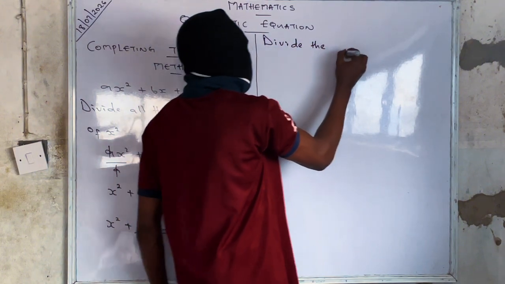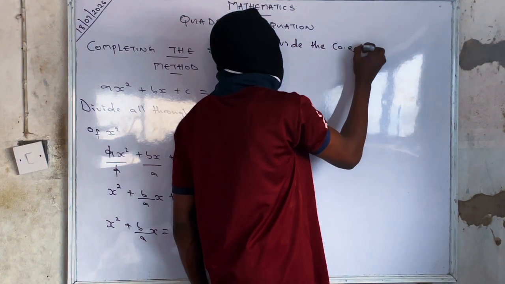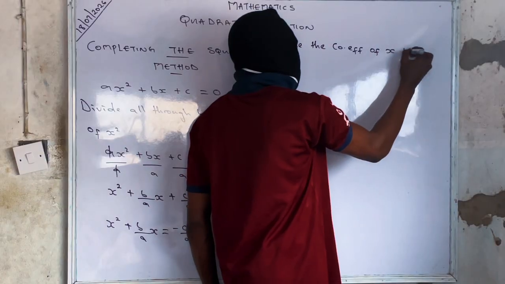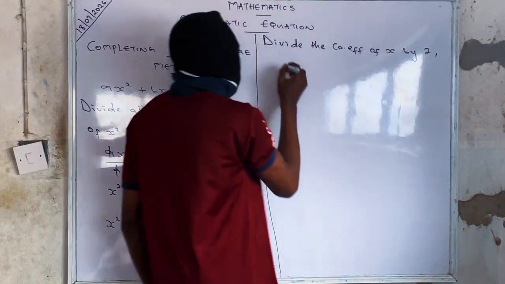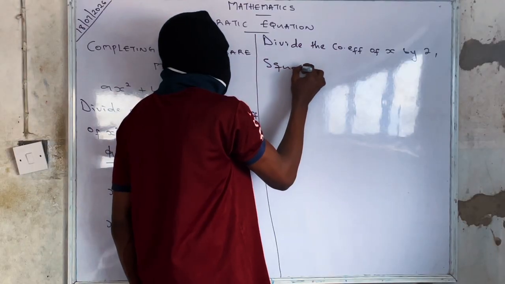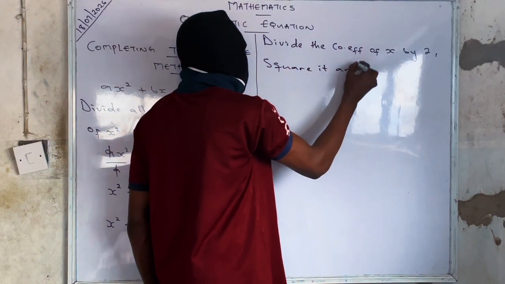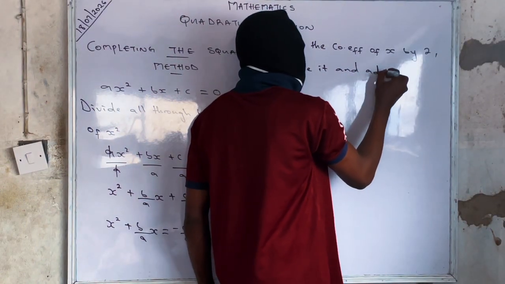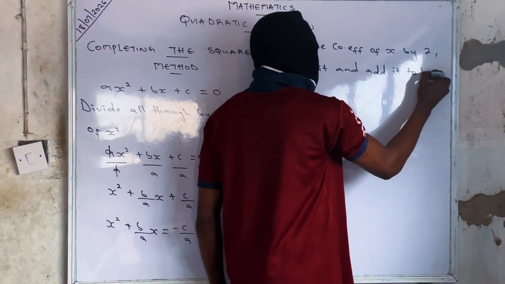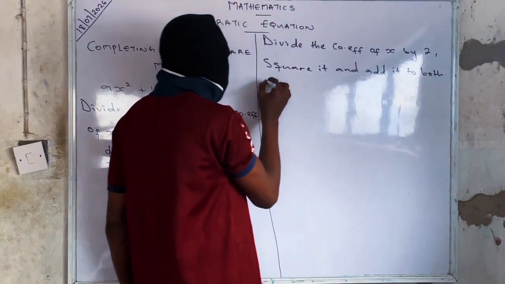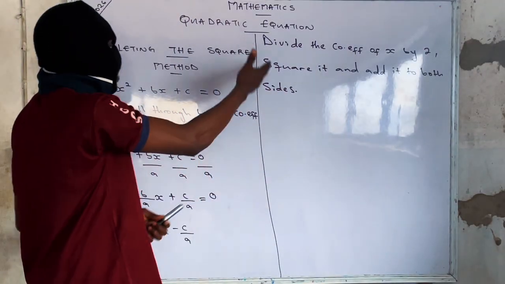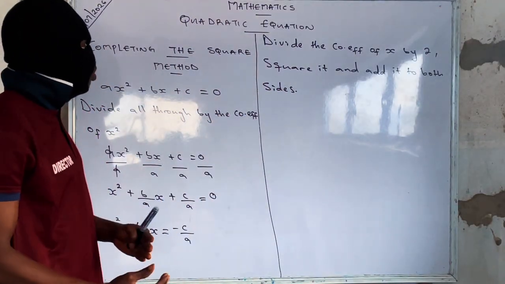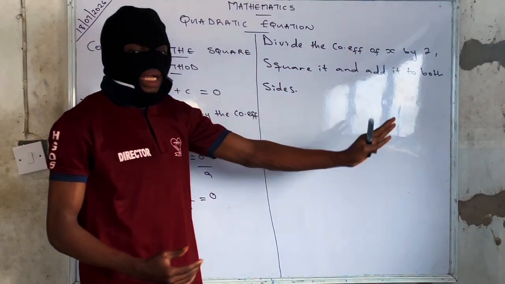the coefficient of x by 2, square it, and add it to both sides.